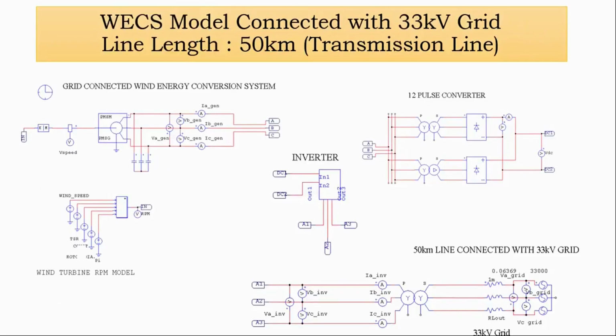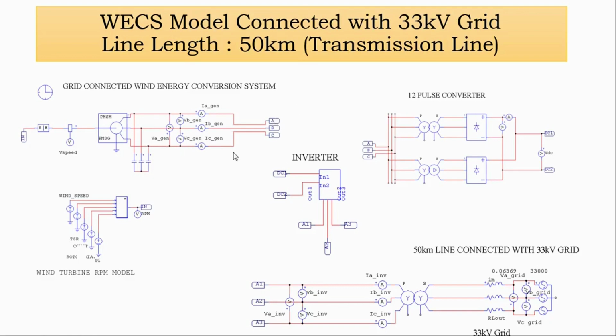So I have used the simulation tool PSIM. In that, we have developed the turbine model through the equations of the turbine available in literature. It is connected with the permanent magnet synchronous generator. We are going to measure the voltages and the currents, the line voltages and line currents respectively.